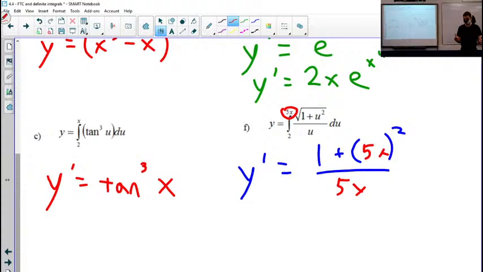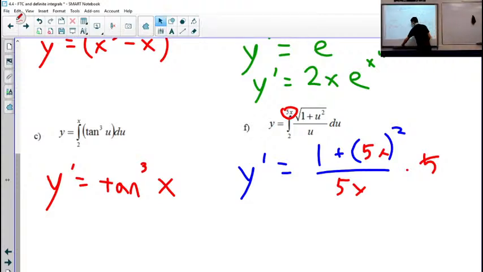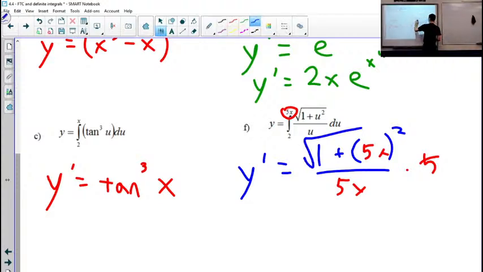So we're putting the 5x wherever that u happens to be. So that's not all we're going to do because we also need the chain rule. Times the derivative of the inside part, derivative of 5x. So it's 5. You just get rid of the square root? No. We write the square root. I just didn't notice it was there.